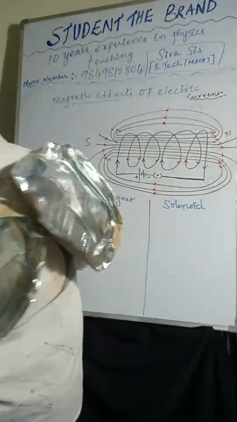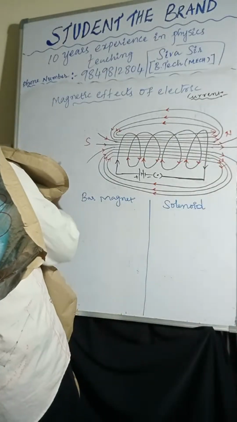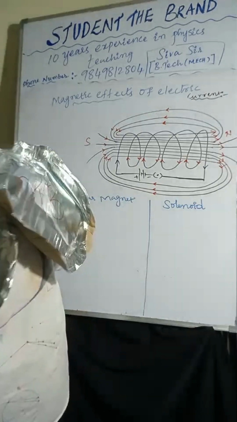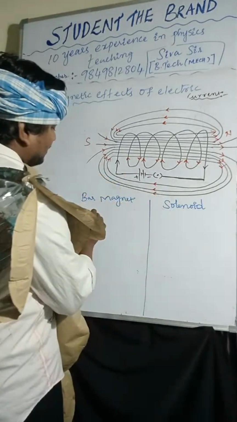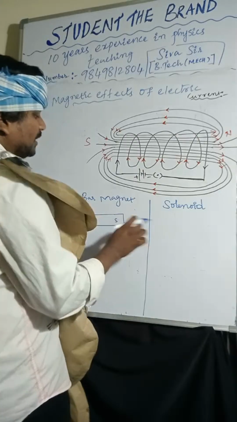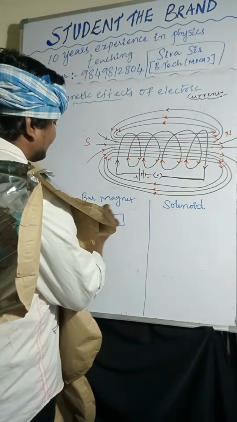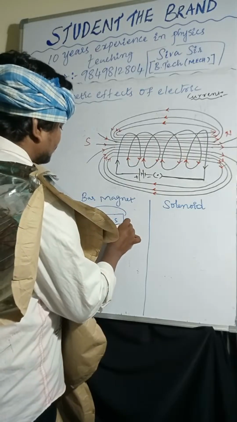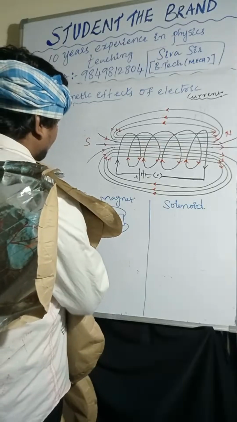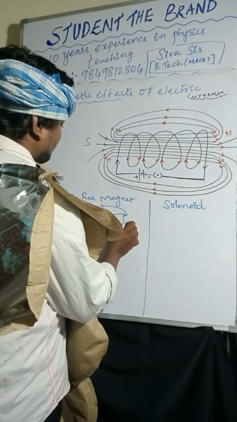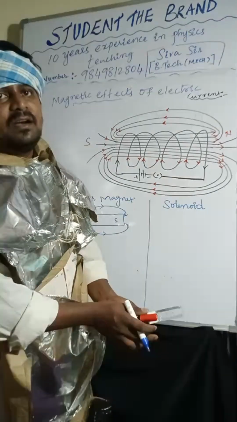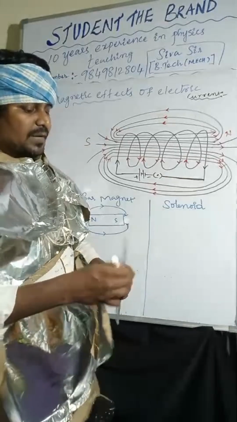In the bar magnet, the magnetic field is fixed, with a north pole and a south pole. Here in this bar magnet, the magnetic field is fixed and will not change.